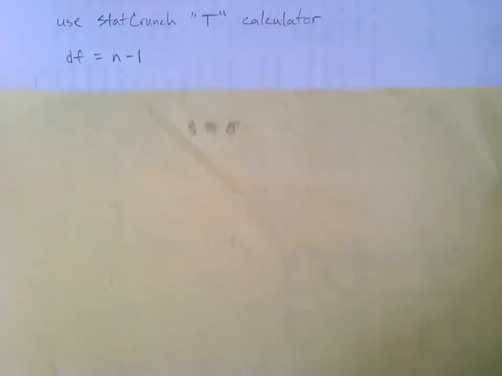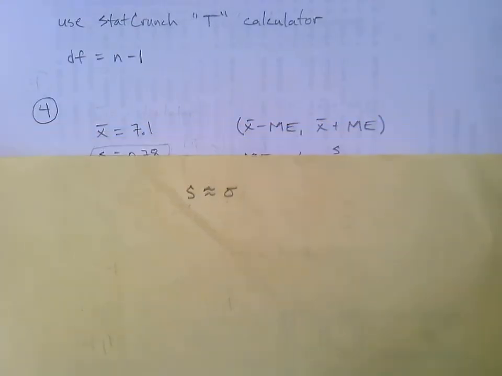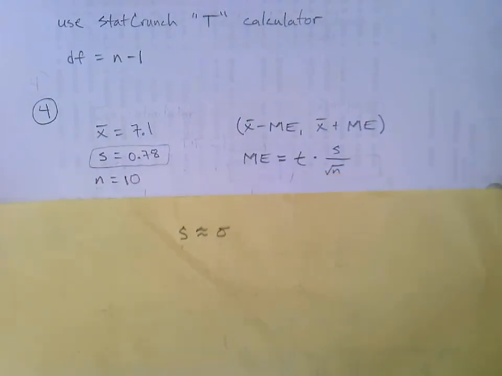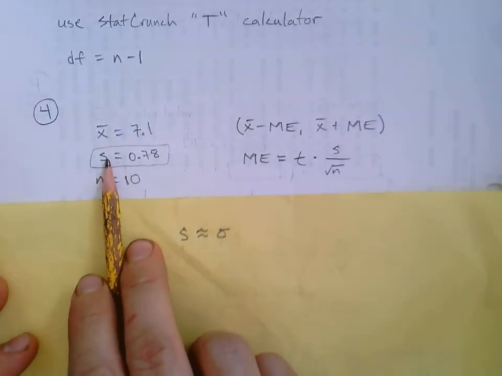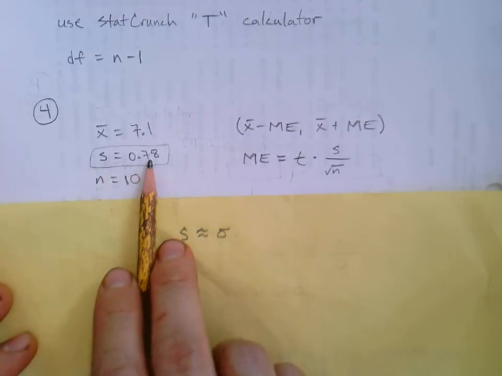Okay, here we go. Practice number 4. They tell us that the sample mean is 7.1, so that's x bar. They tell us the sample standard deviation is 0.78, so s, not sigma, s equals 0.78.